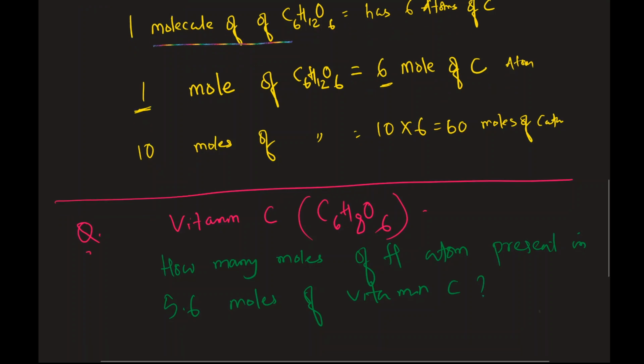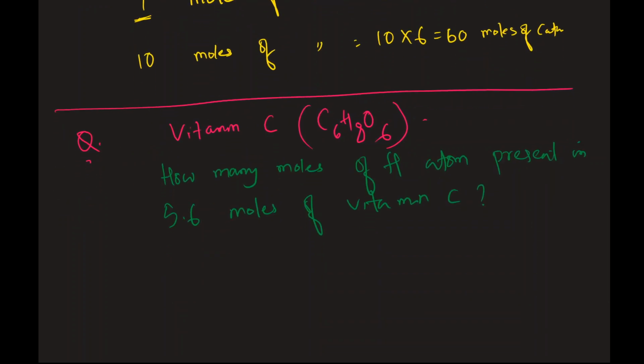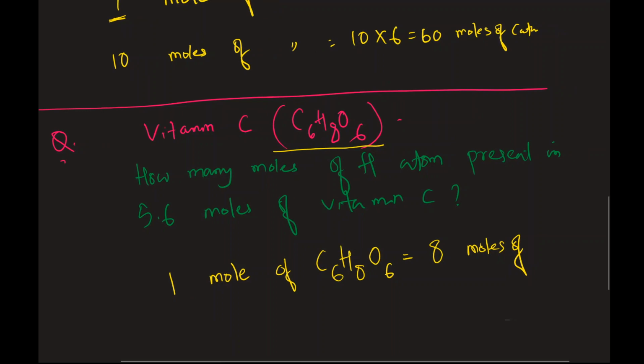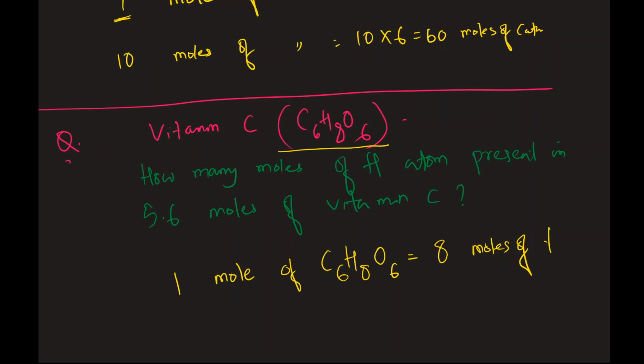Good. Okay, if you want to see the answer, pause the video here because I'm gonna do the answer. The formula is C6H8O6, right? So the equality term would be, for each 1 mole of C6H8O6, each 1 mole has 8 moles of hydrogen atoms.